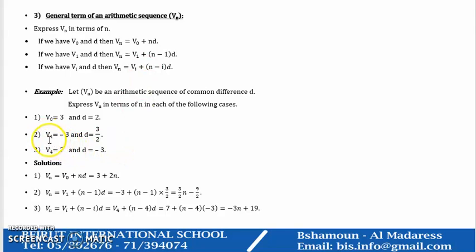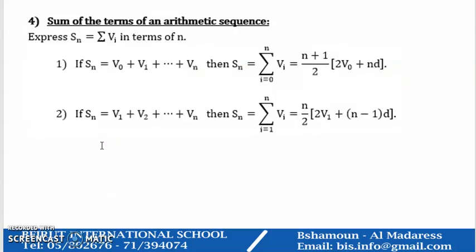In the second one, I have v1 equal minus 3 and the difference is 3 over 2. Since I have the term v1, I can use the second formula. We notice that in the third one I have v4, so I can use the third formula, and instead of i I can put 4, it will be vn equal v4 plus n minus 4 times d, and I have all the information. You can see the solution of this example.